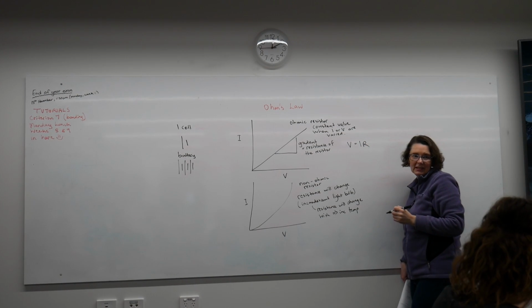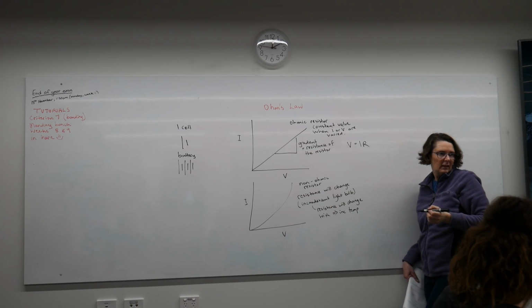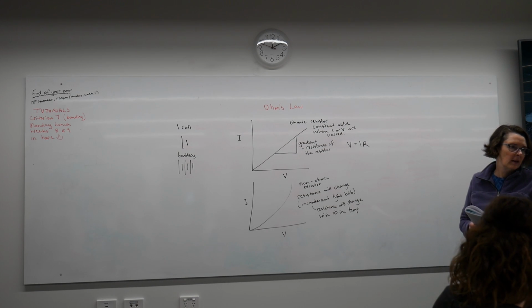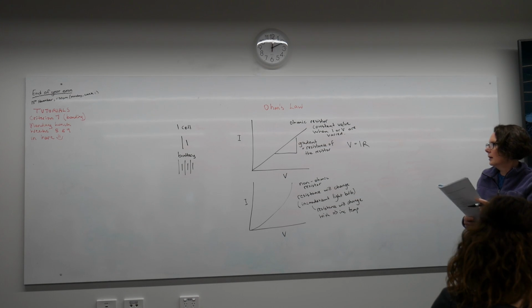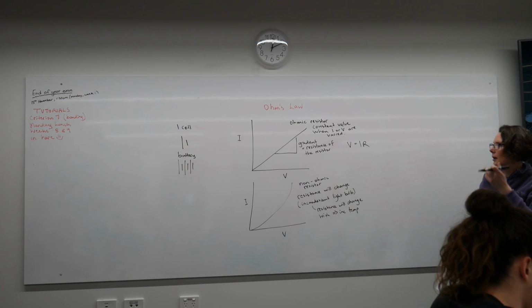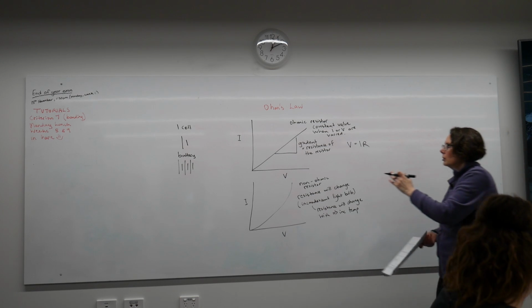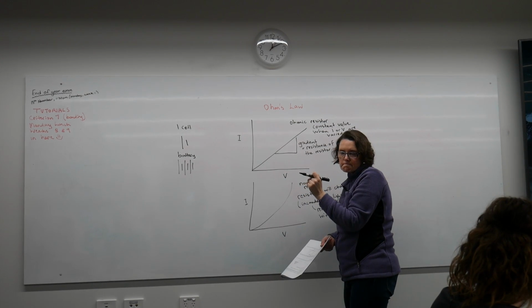So the gradient is rise over run. It should be V on the y-axis and I on the x-axis, V over I, rise over run. Yeah, sure. Doesn't matter which way it goes.